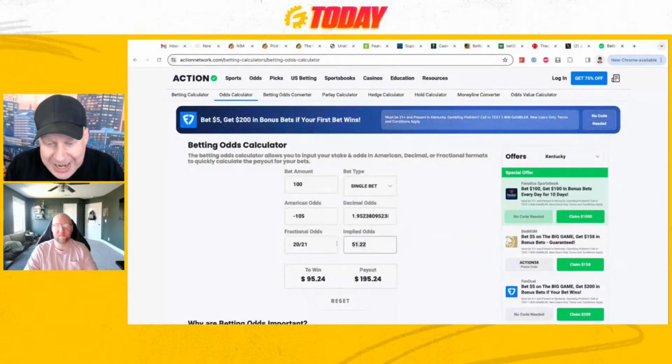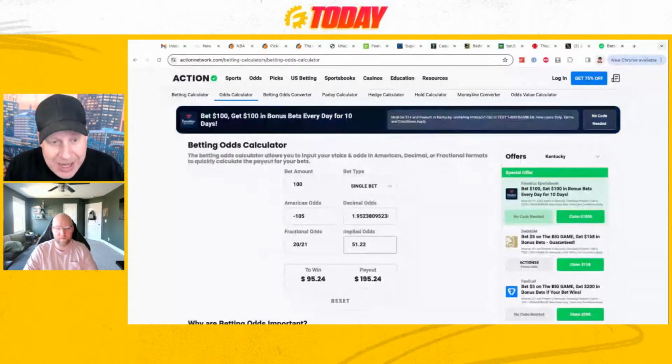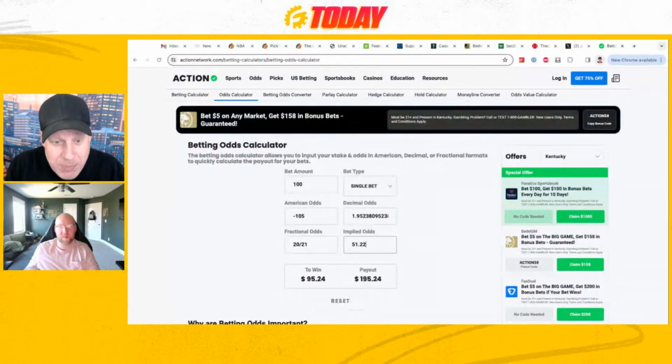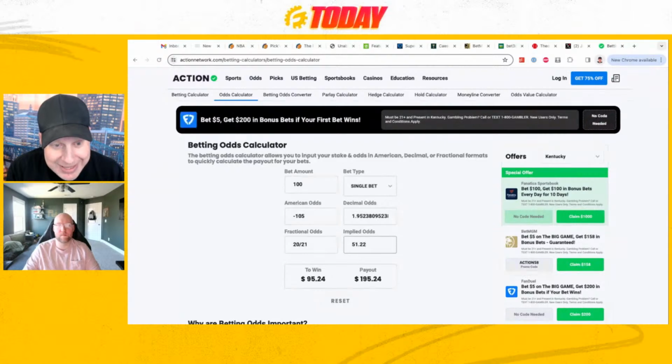But basically your negative edge is the difference between the actual odds and the implied odds that you're getting on your bet. So minus 105, the implied odds are 51.22%. The real odds are 50%. So that's minus 1.22%.